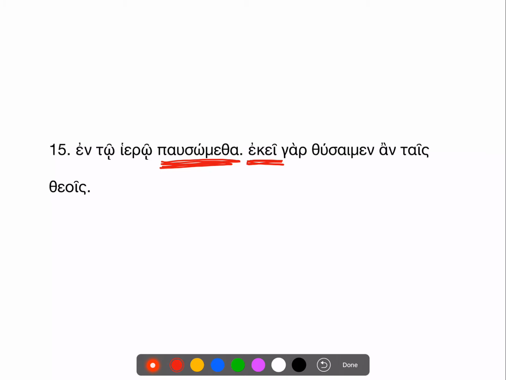So I think this has got to be a hortatory subjunctive. So let's stop in the temple. For there, thusaimen. Optative plus an, it's an aorist optative, active, plus an, so potential optative. For there, we could sacrifice tais theais, to the goddesses.